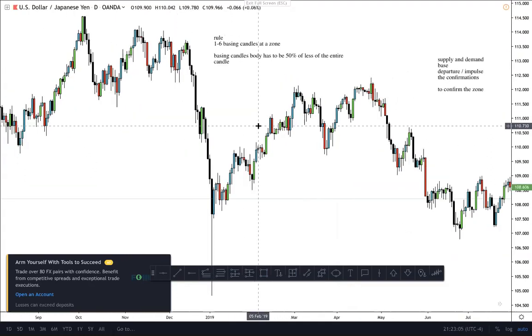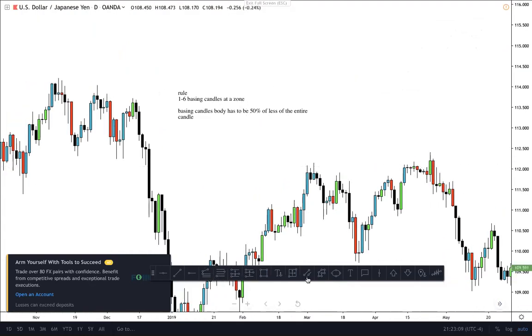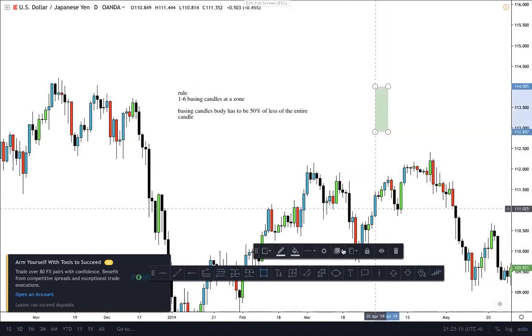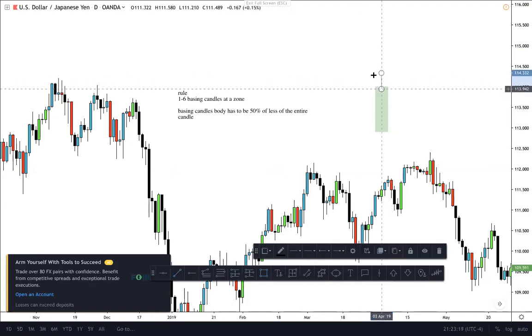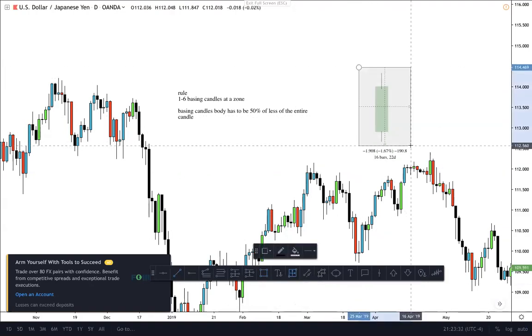What does that mean? Okay, we have a drawing tool. Let's say this is the candle. This here is the entire candle, everything.